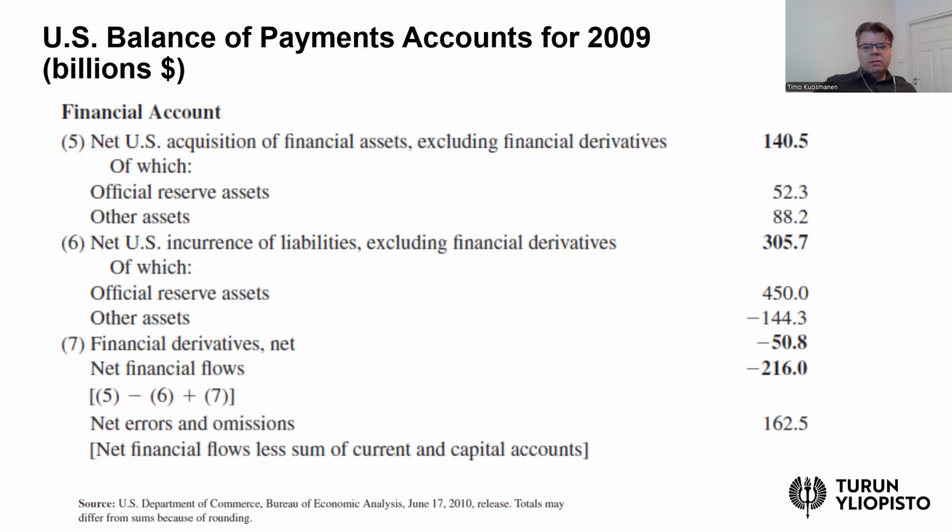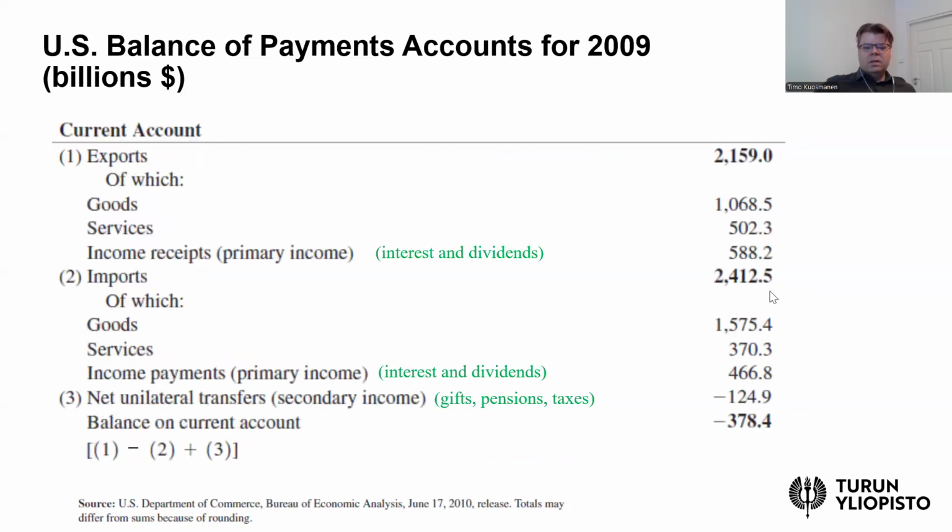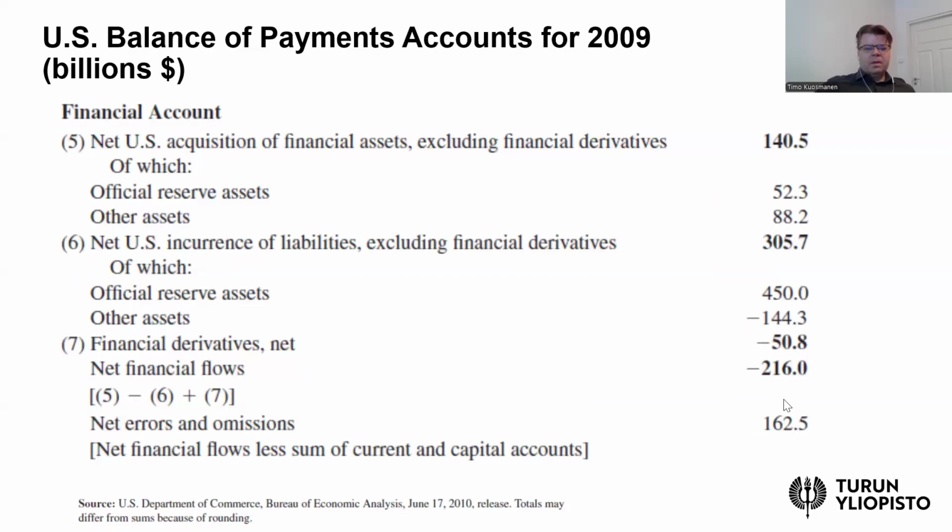But let me go quickly back to the previous slide. We saw earlier that the current account deficit was minus 378 billion US dollars. However, the financial account deficit is only minus 216 billion US dollars.